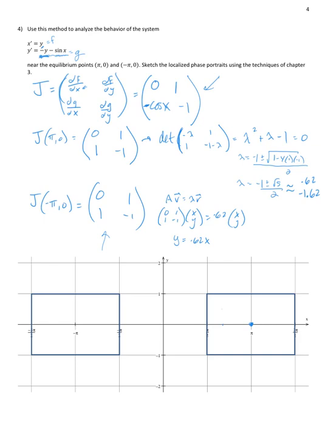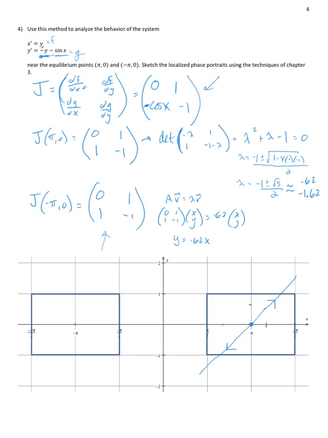So from pi to 3 pi over 2, that's pi over 2, which is about 1.5. So 1 would be like right there. And then 0.62, that would be like right here. So I'm going to use this as my straight line solution. And that was my positive eigenvalue, so these are pointing away from the origin.